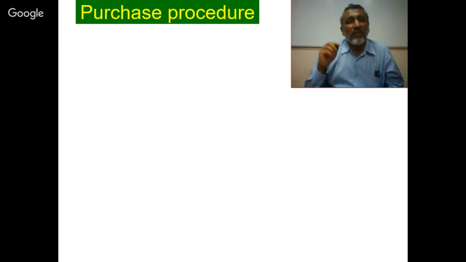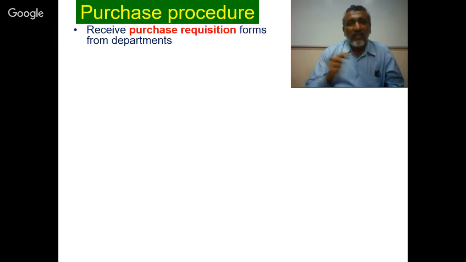Let us now come to the purchase procedure. In any organization, there should be a definite purchase procedure. A systematic procedure is essential for controlling purchase in any organization. It all starts with the purchase requisition received at the purchase department. That is, the purchase department does not buy materials as per its whims and fancies.